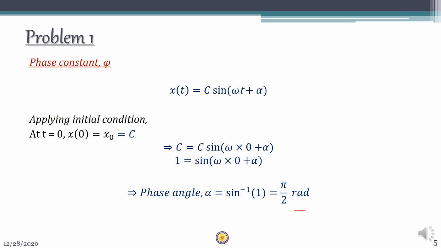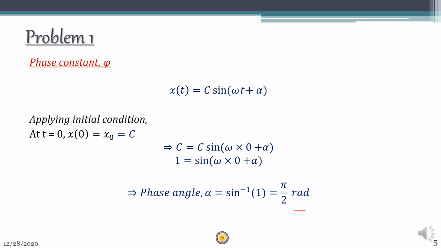When time t is equal to 0, displacement is equal to y0, which gives the expression 1 is equal to sin of omega into 0 plus alpha, so sin alpha is equal to 1, so alpha is equal to sin inverse of 1, which is pi by 2 radians or 90 degrees.